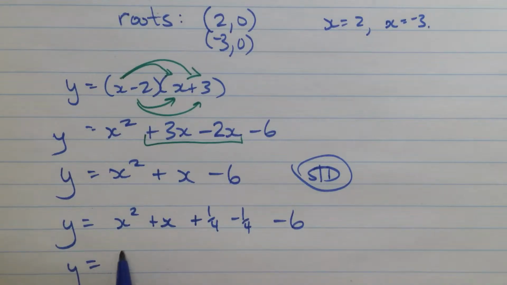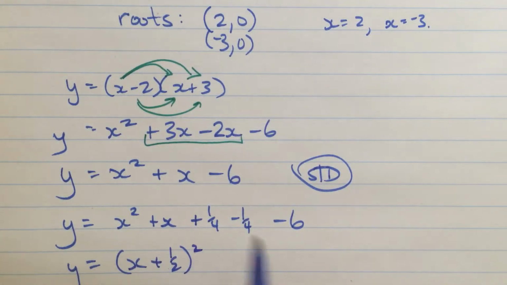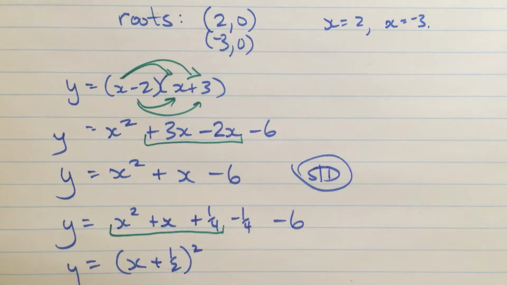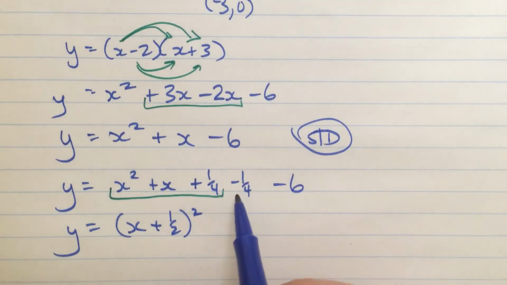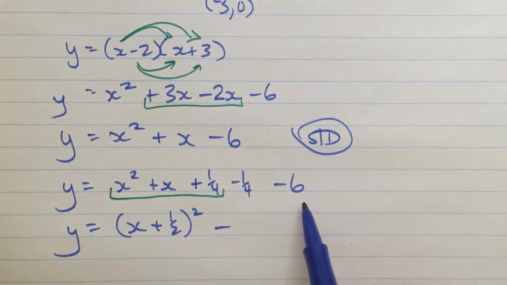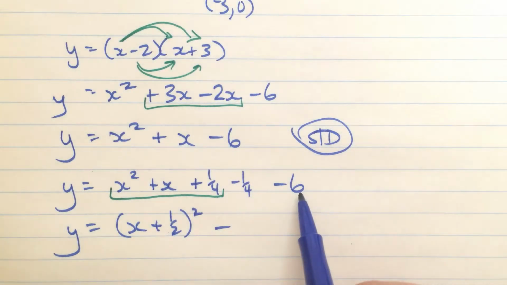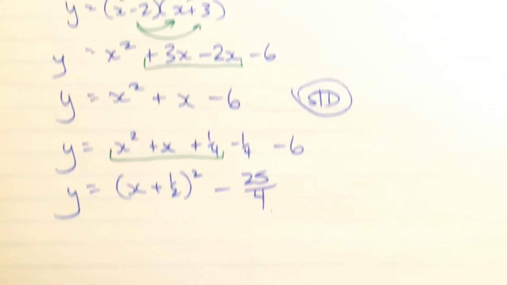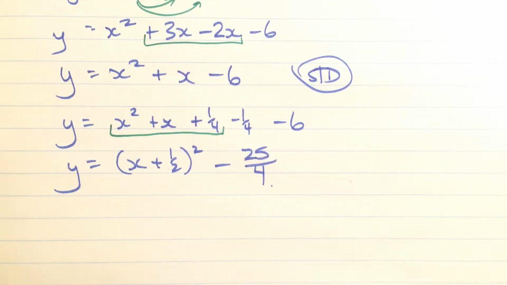But it's a neat little trick, because then I'm going to have x plus a half squared is this thing right here. That's what you get when you square x plus a half. Now I have minus a quarter and minus 6. Well, minus 6 into quarters would be minus 24 quarters, so that's a total of minus 25 quarters. Now I have my vertex form.